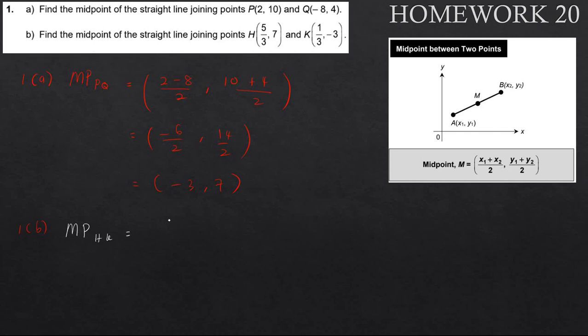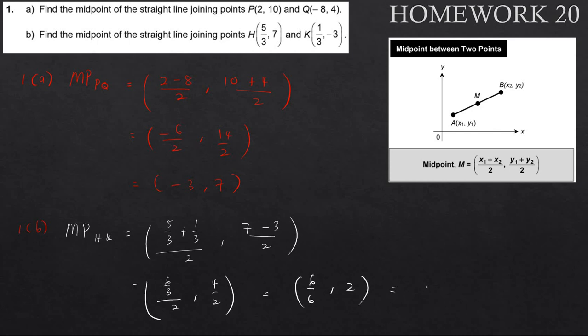Again, x plus x: 5 over 3 plus 1 over 3, over 2, and then y plus y: 7 minus 3 over 2. 5 plus 1 is 6 over 3, over 2. 7 minus 3 is 4 over 2. 6 over 3 over 2 is 6 over 6. 4 over 2 is 2. Simplify. 1, 2.